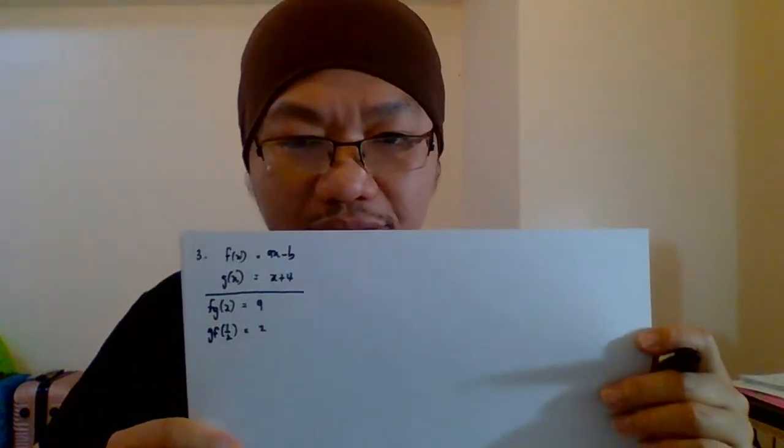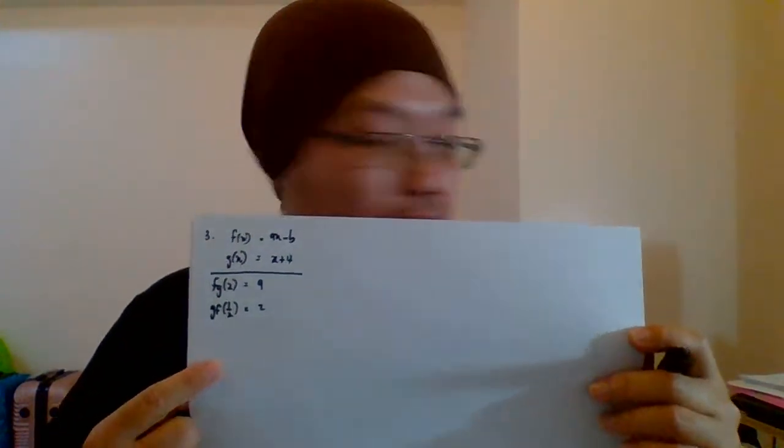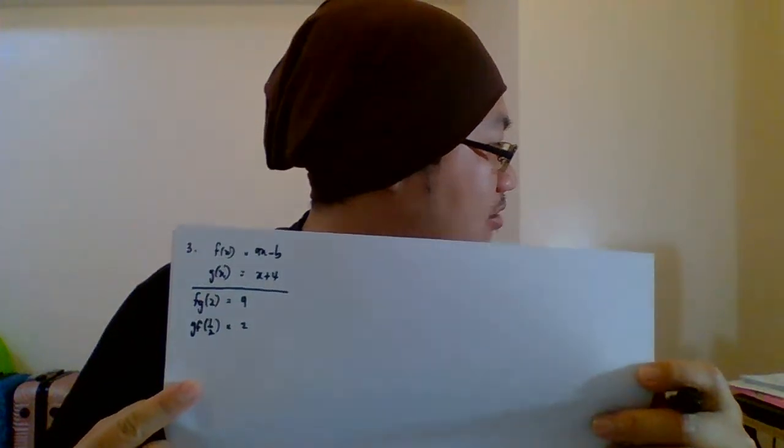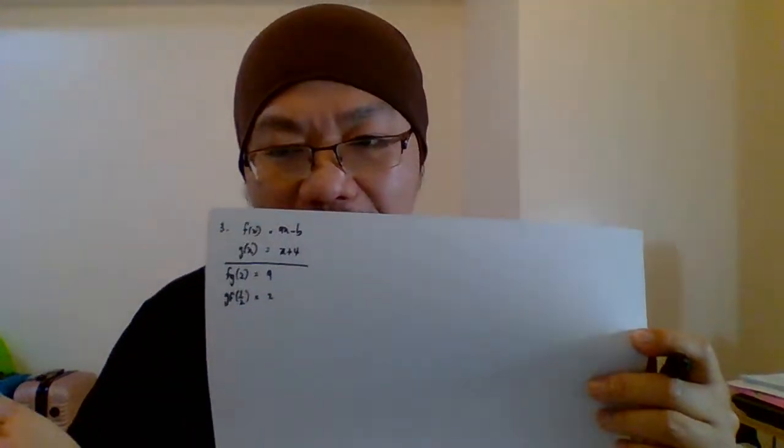Okay, and then the additional info, fg(2) equals to 9 and gf(1/2) equals to 2. This is all from the information. So what we need to find here is the value of a and b. It's simultaneous equations again, because there are two different unknowns.